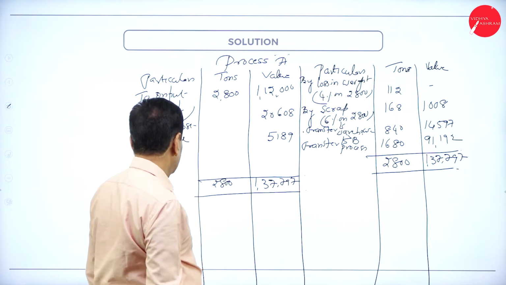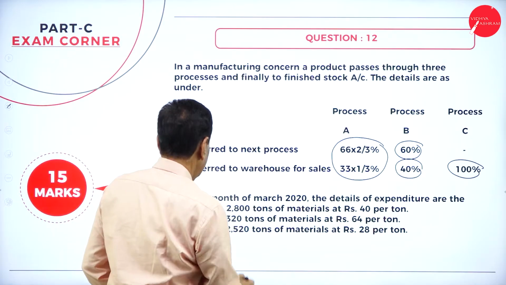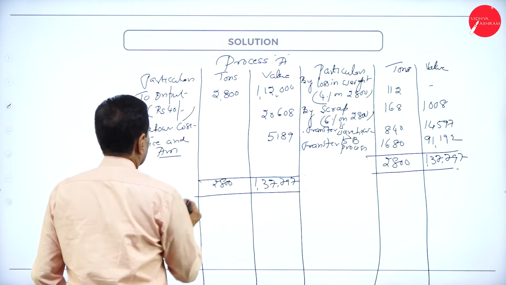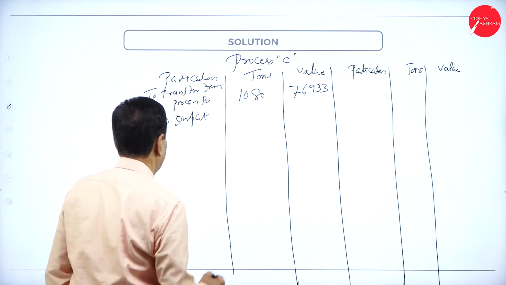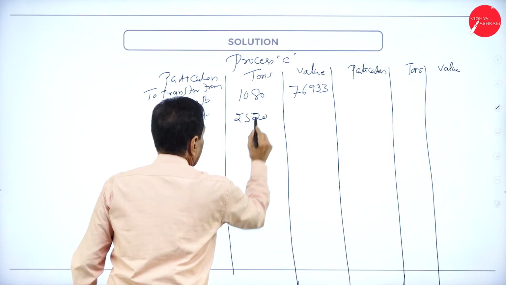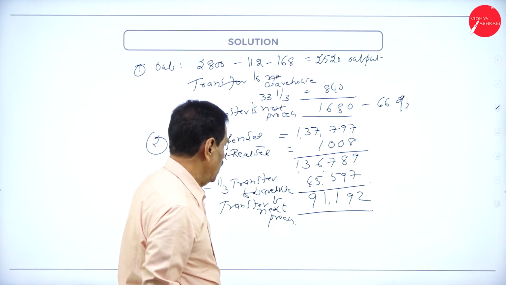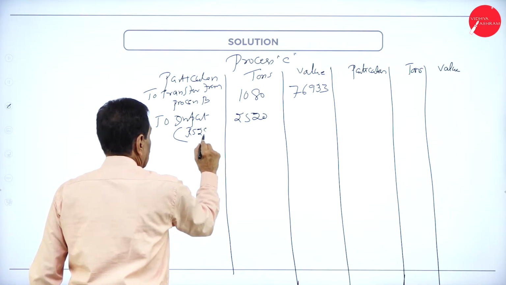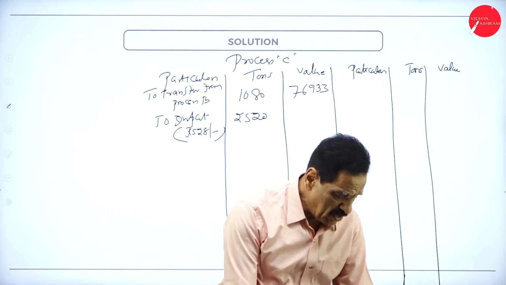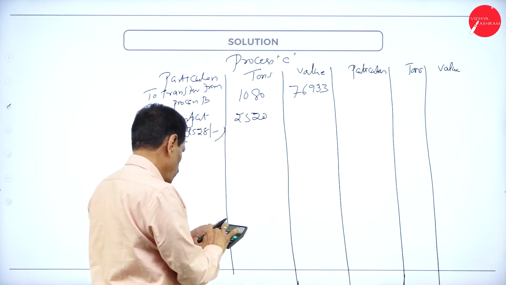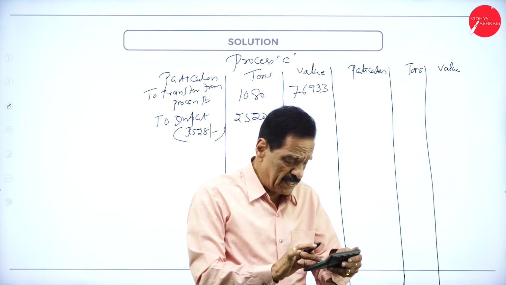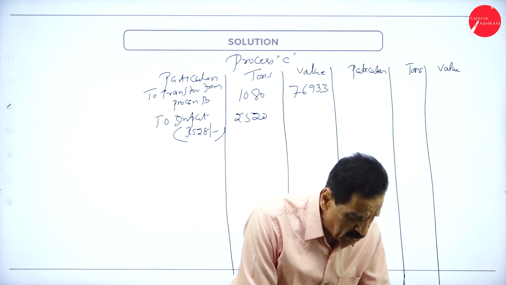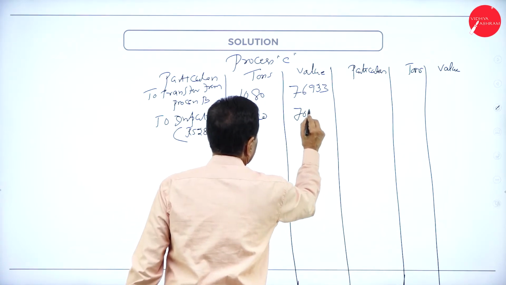Last process, input in process C is 2,520 tons at rupees 28. Multiply 2,520 tons into 28 is equal to 70,560.